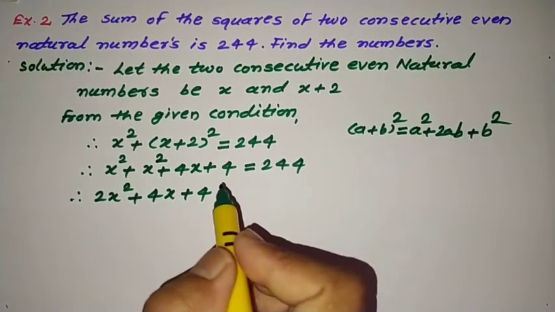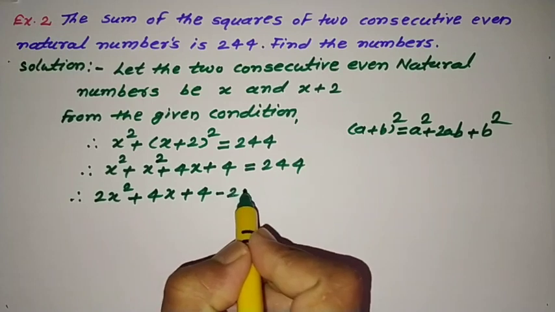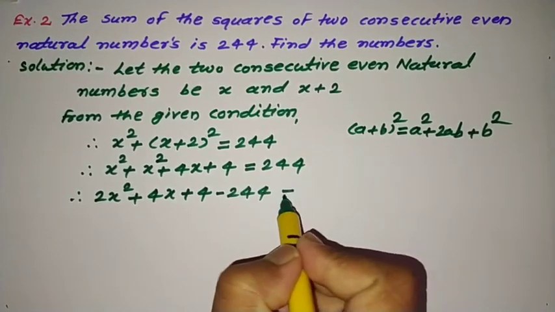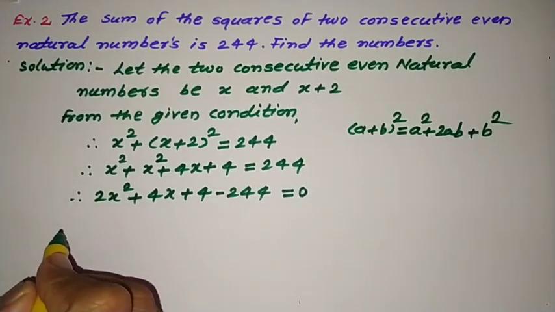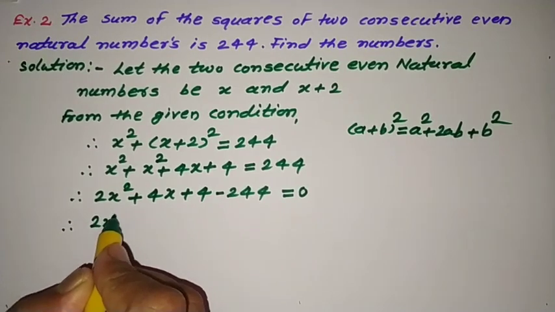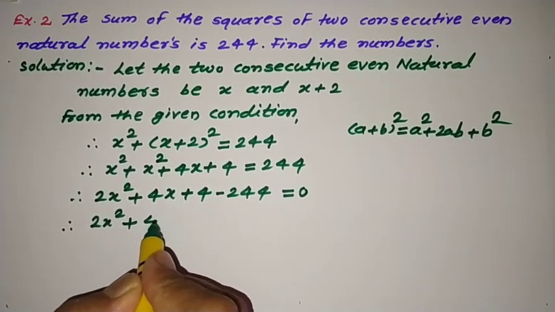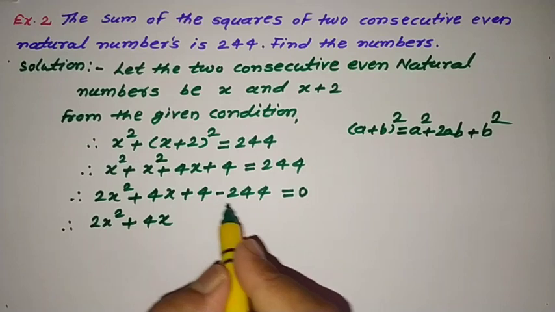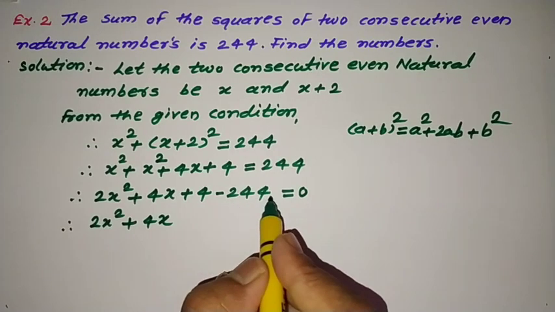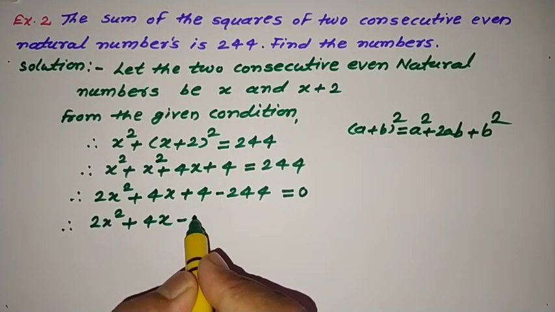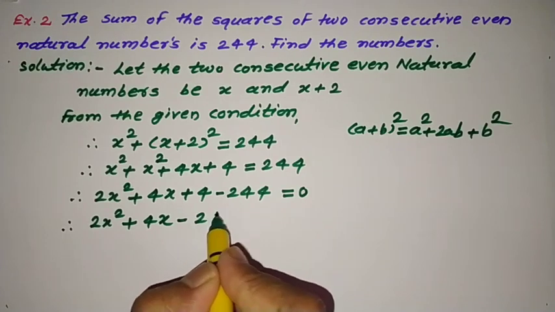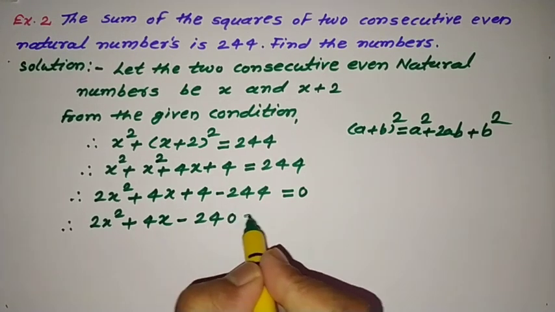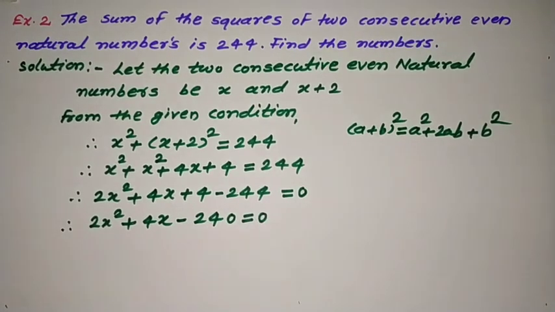Taking 244 to the left side with minus sign, therefore 2x square plus 4x plus 4 minus 244 is equal to minus 240. Simplify this equation by dividing by 2.